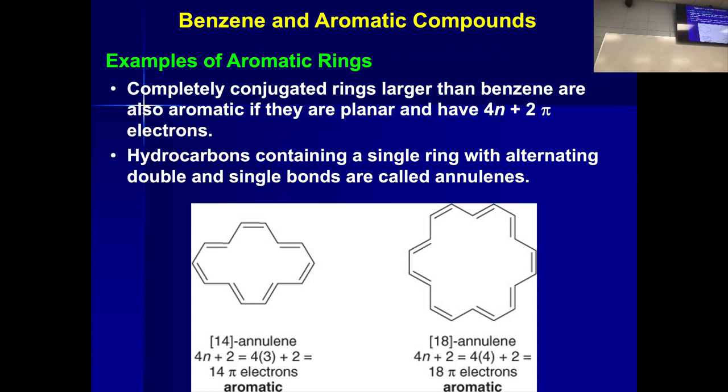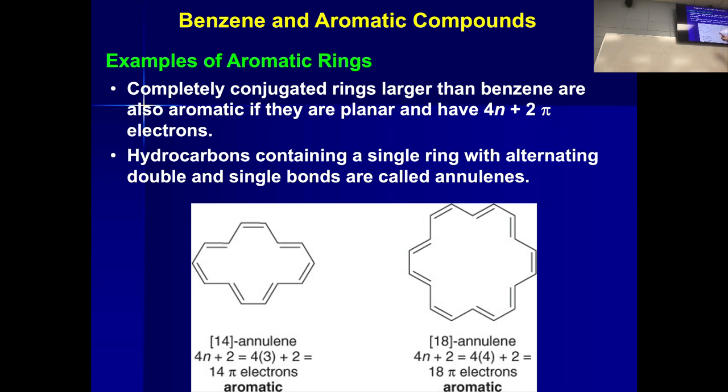These are called annulenes. They are aromatic compounds. They look kind of funky, don't they? This is called 14-annulene. It's called 14-annulene because you have 14 carbon atoms in the molecule. Each carbon atom has a p orbital. It's cyclic, obviously. Take my word for it. If you built a model, it would lay on the table. It's planar.